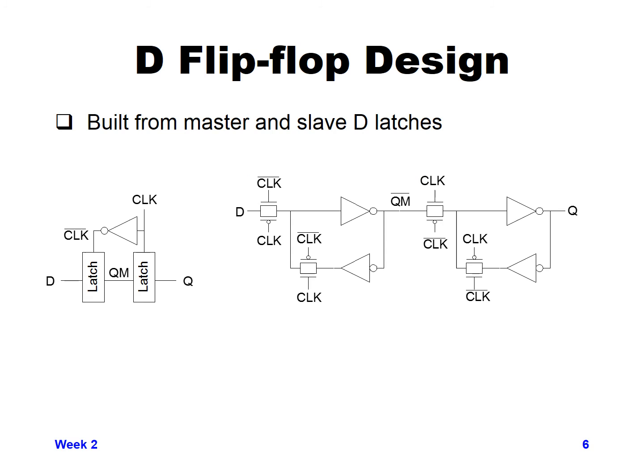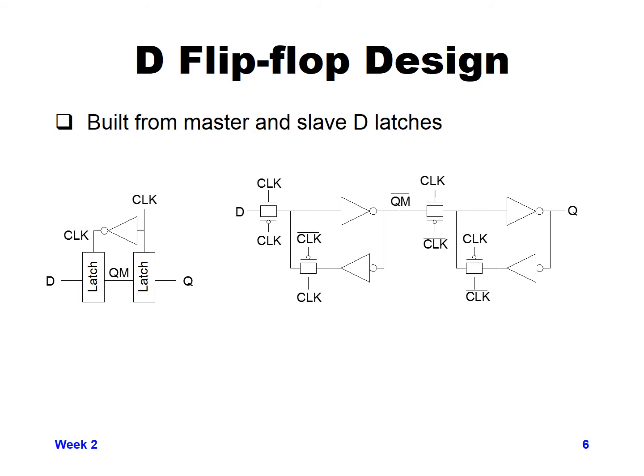So now that we know the logical function of a D flip-flop, let's look at what this circuit might look like to actually create a D flip-flop. We can basically build this from two latches.